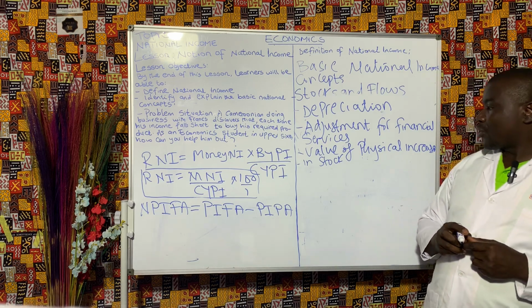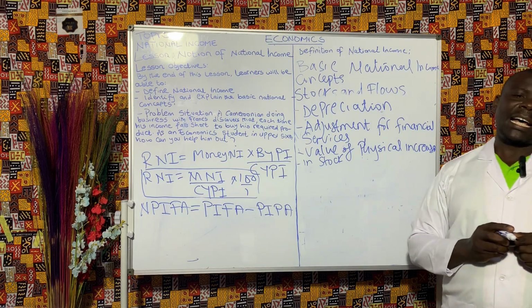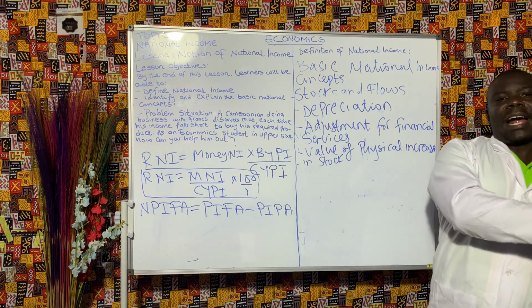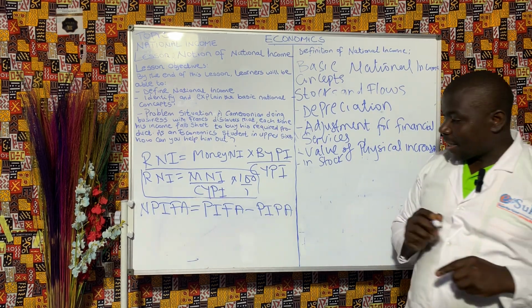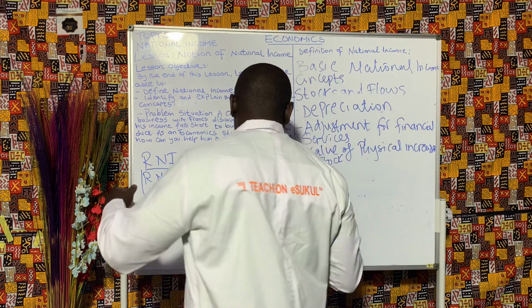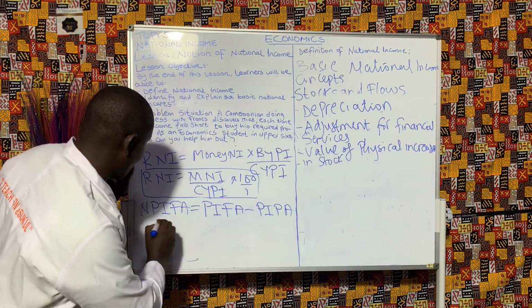It is usually calculated by getting the stock at the end of the year, that is 31st of December.